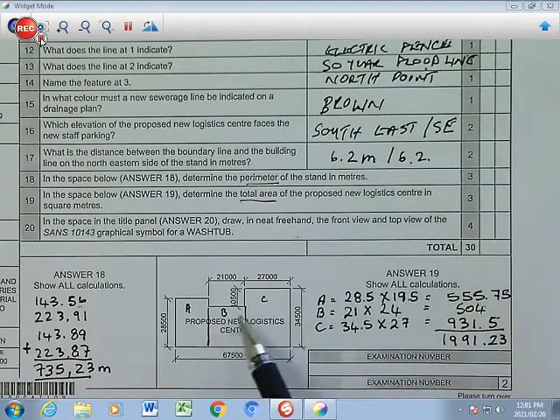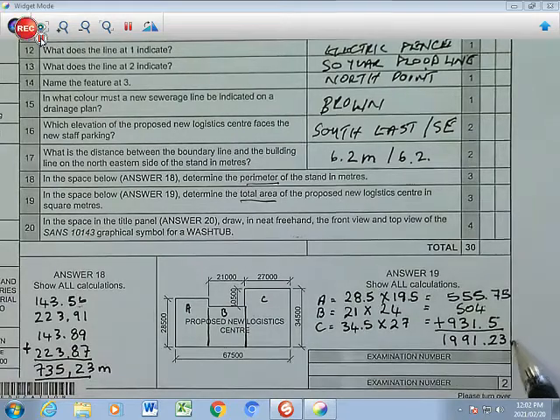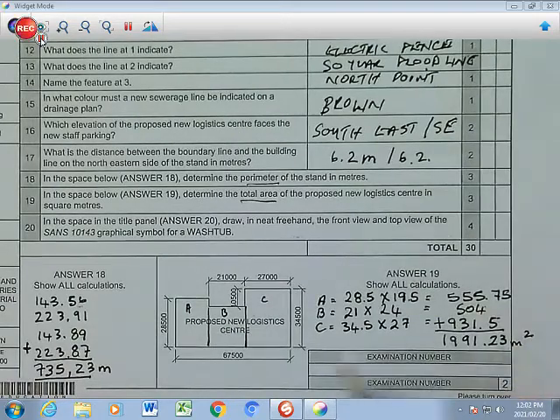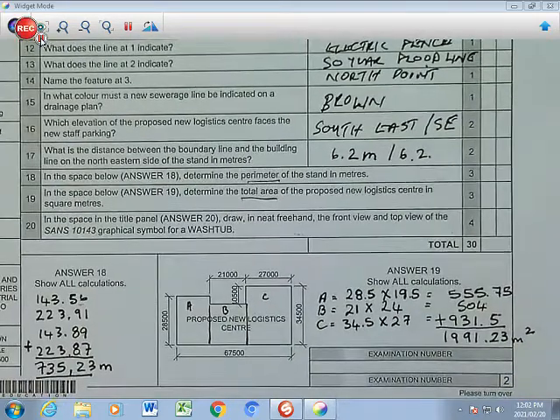B, 21 by 24 gives us 504, and then C would give us this part here where we have 34.5 times 27, and that gives us 931.5. Altogether added, we are going to find 1991.23 meter square. That is very important, and you know how we mark that specific question.